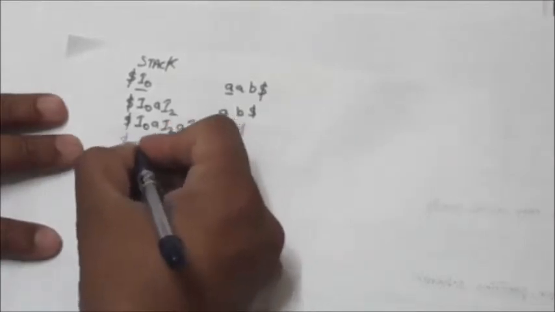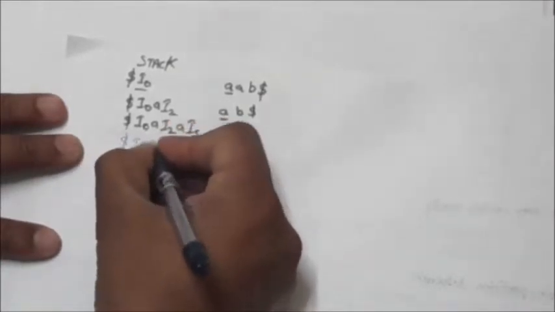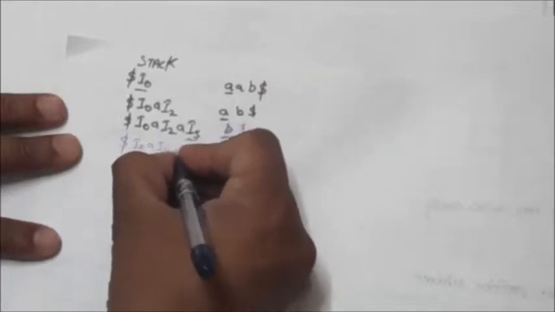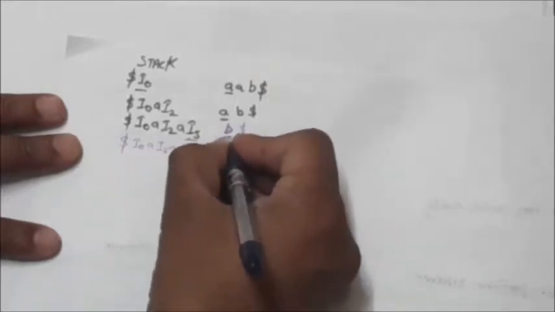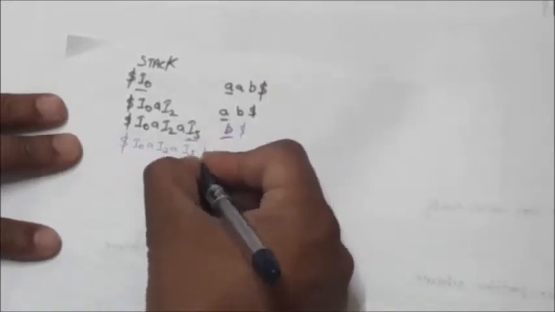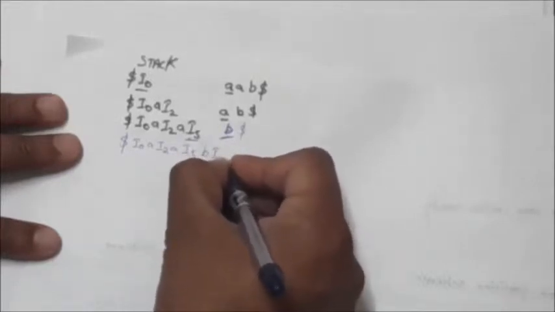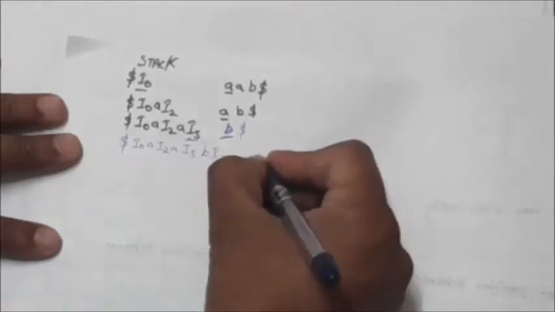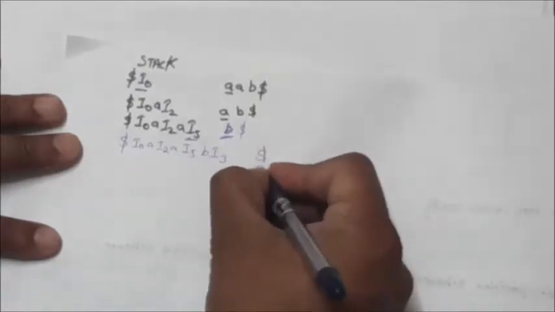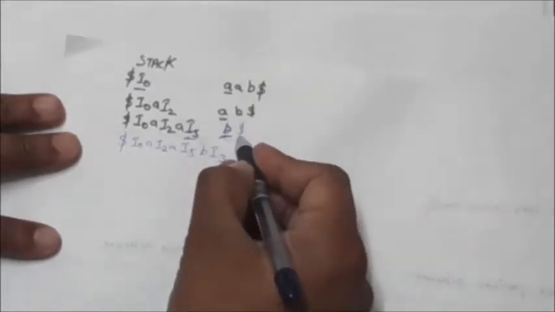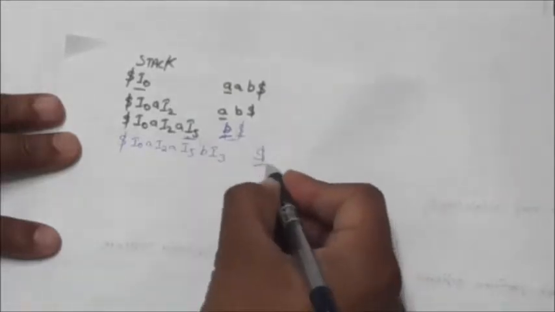So the B will be shifted onto the stack, and after that we will insert the state I3. Now the input pointer will point to the dollar.